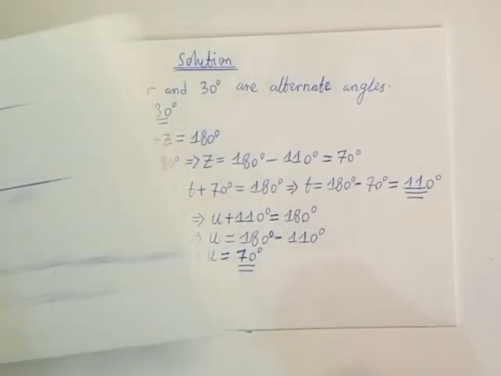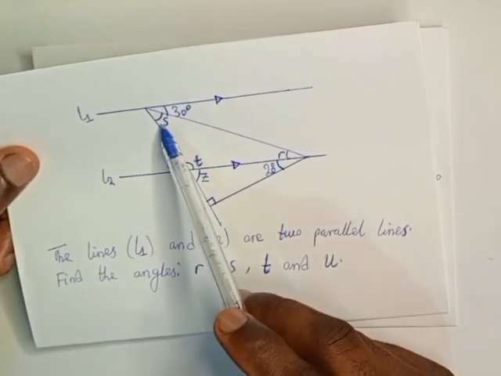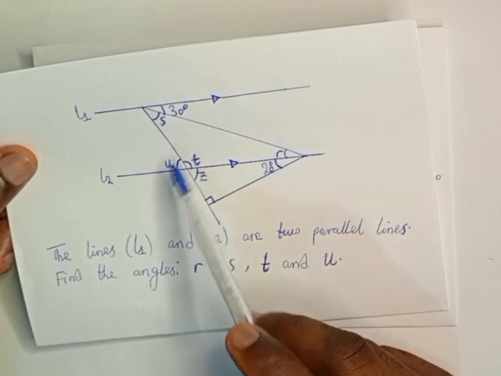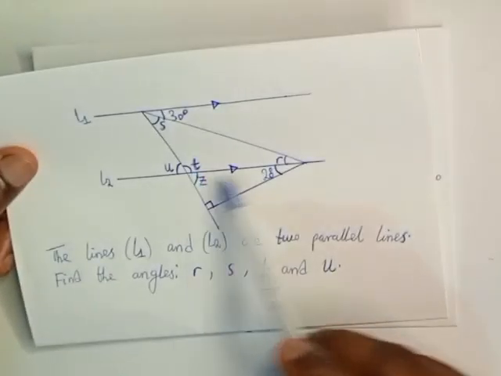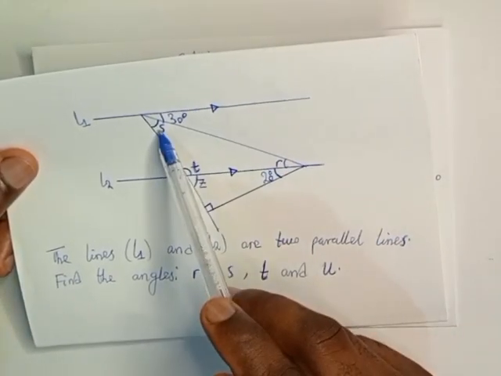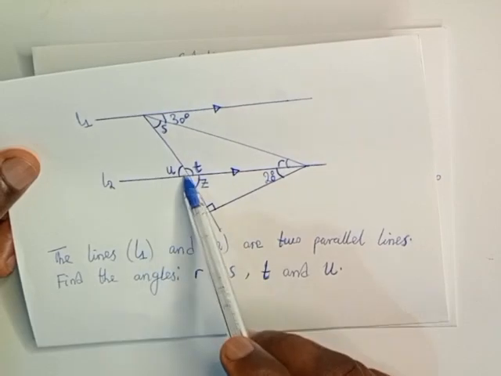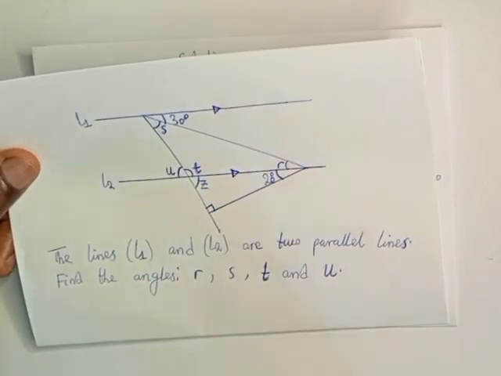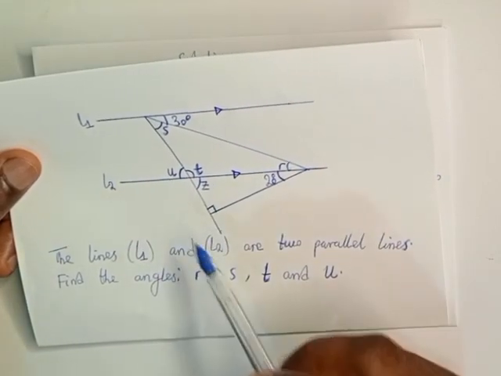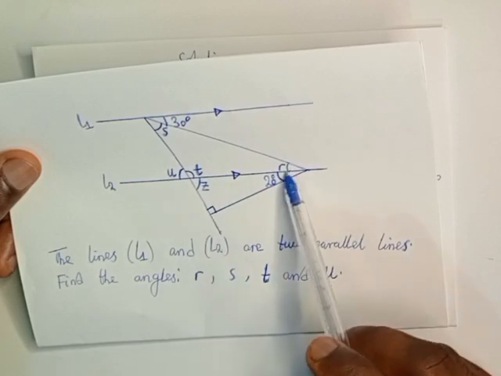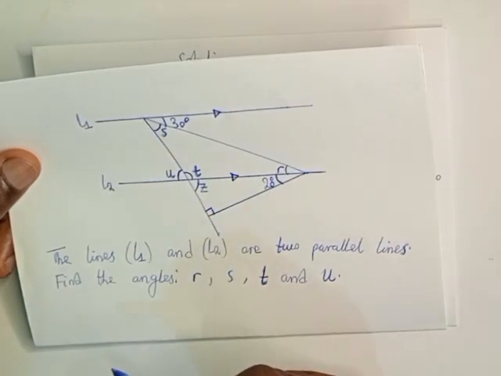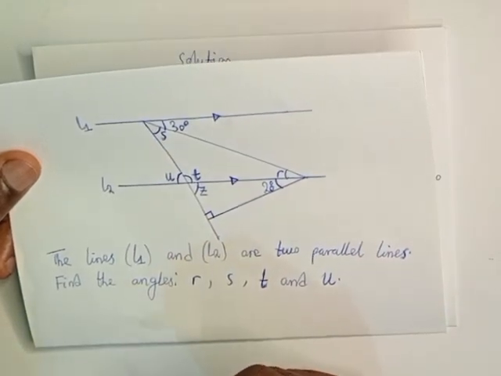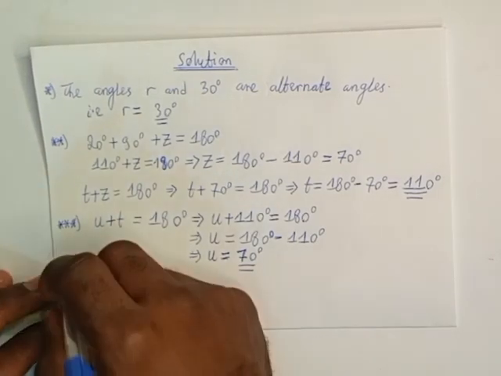Next, we are to find the angle S. We know the angle T, we know the angle R, we need the angle S. This is a triangle. The sum of the three interior angles of a triangle is equal to 180 degrees. Take first term.